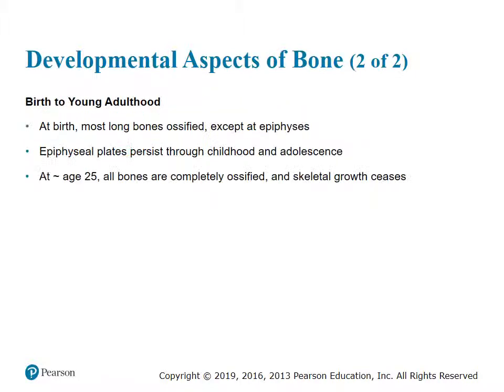And again, most long bones are ossified at birth except at the epiphysis. The epiphyseal plate will still continue all the way to adolescence. By age 25, really all bones are completely ossified. Skeletal growth ceases, and we don't see any growth there as well.